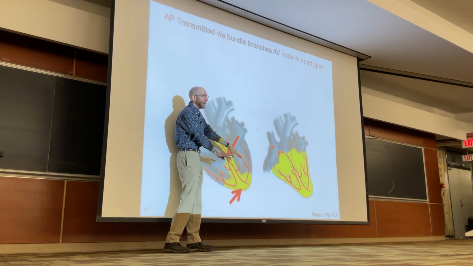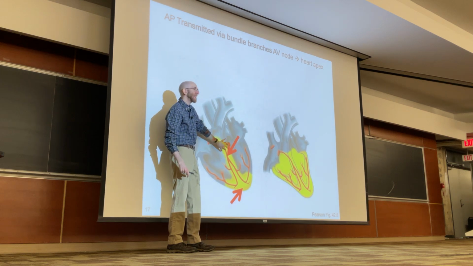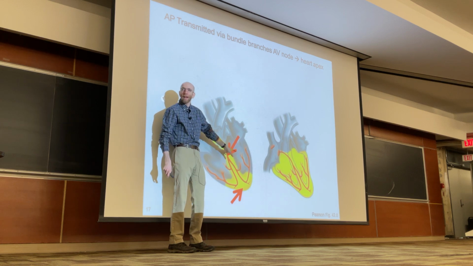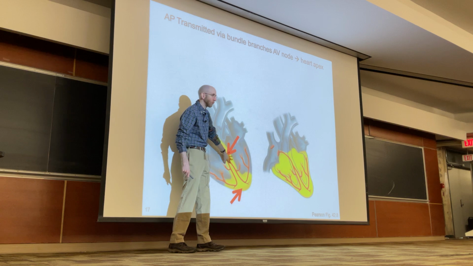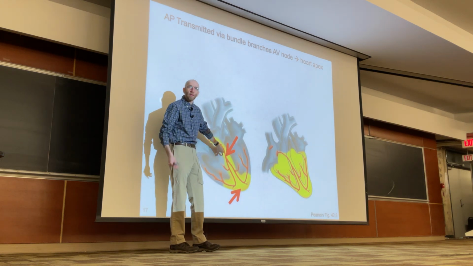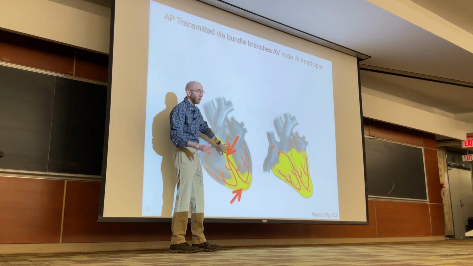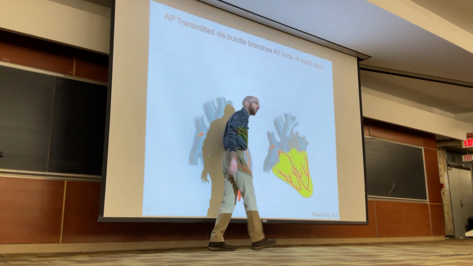So instead, you basically have cardiac muscle cells that are adapted to just transmit an action potential. It's basically like the heart's version of neurons right here. We call these the bundle branches, or these fibers of these cells that are just for transmission rather than contraction. We're going to transmit that signal down to the heart apex. That's the point, at the bottom of the heart.